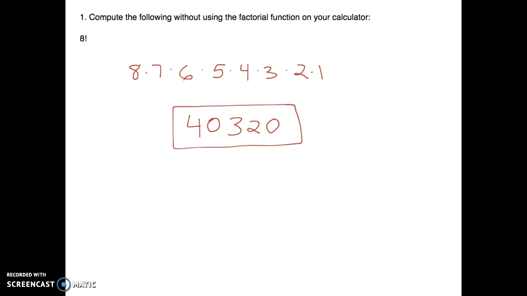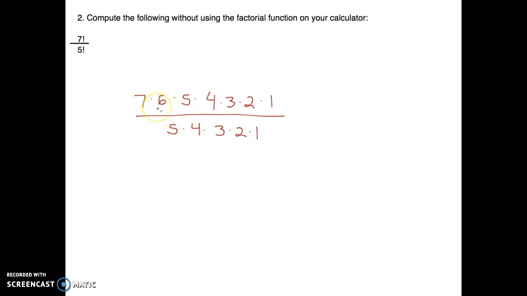So there's number 1. Number 2 is another factorial problem, and again, you can't use the factorial function on your calculator. So 7 factorial would be 7 times 6 times 5 times 4 times 3 times 2 times 1, all divided by 5 factorial, which is 5 times 4 times 3 times 2 times 1.